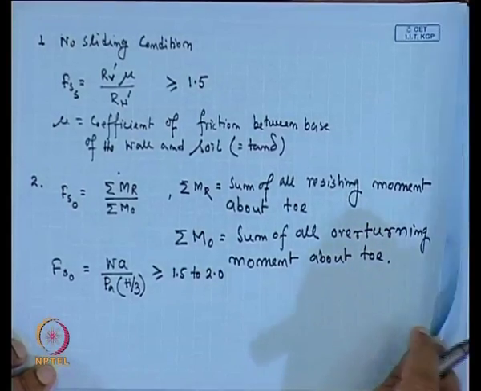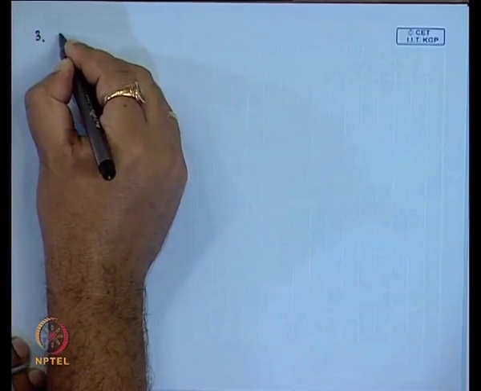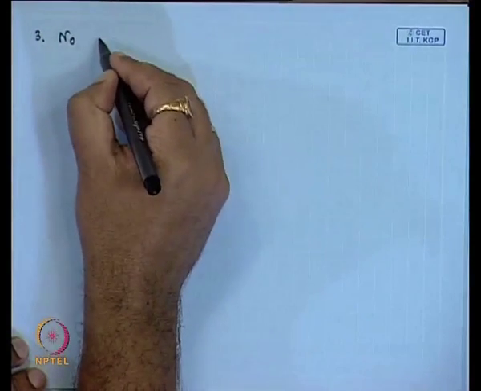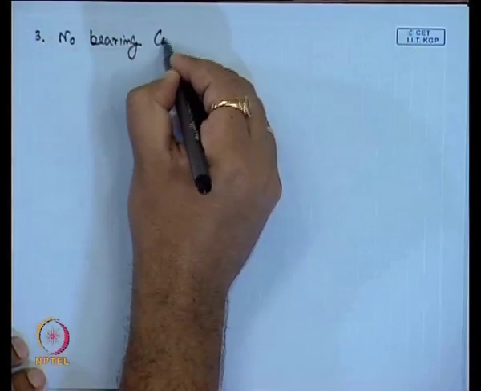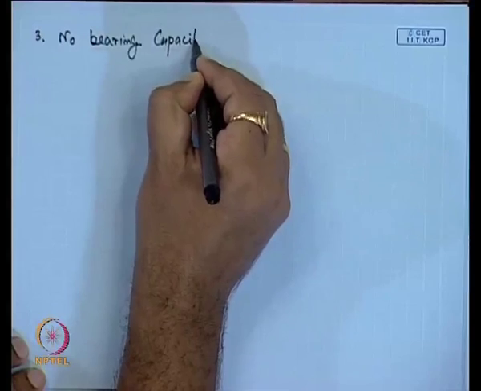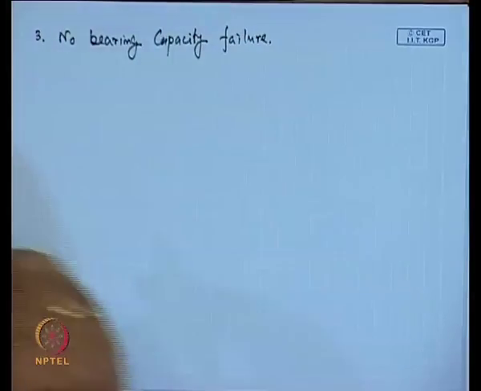So, the next check that we have to do is the bearing capacity check. That means the next check is no bearing capacity failure.